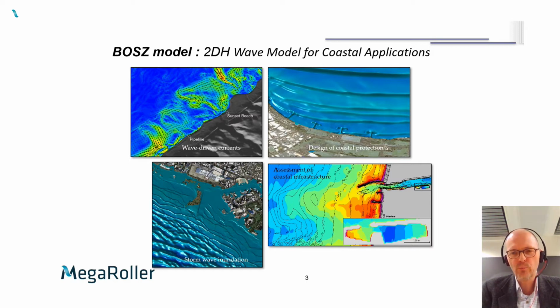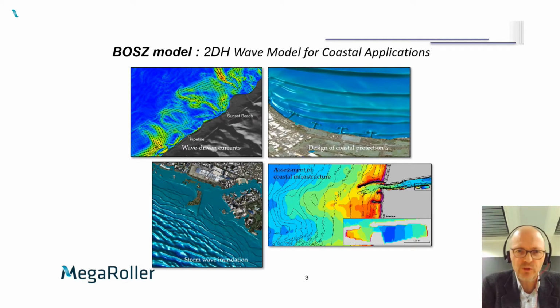However, in order to maximize the energy uptake of the Mega Roller and other wave energy converters, it would be beneficial to have more detailed knowledge of the features of the waves.